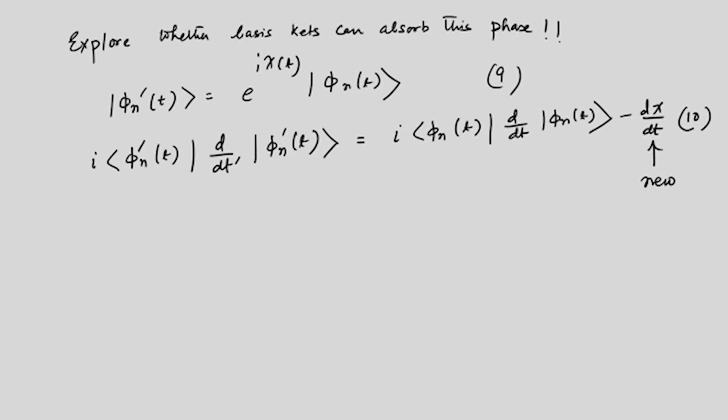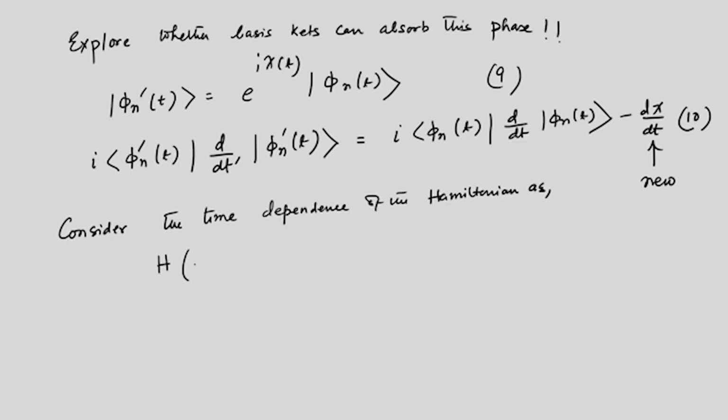And in order to understand what d chi dt is, or how this gives rise to measurable consequences, let us have a Hamiltonian which is like this. So, consider the time dependence of the Hamiltonian as H of t plus capital T equal to H of t, which is the same as the Hamiltonian at t equal to 0.